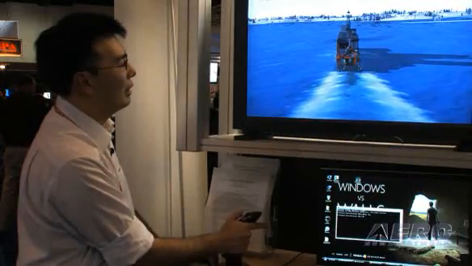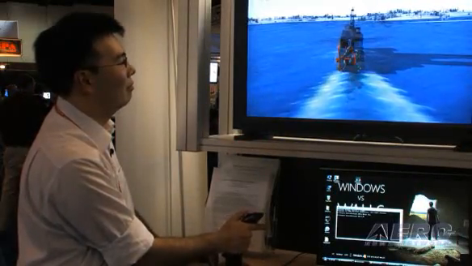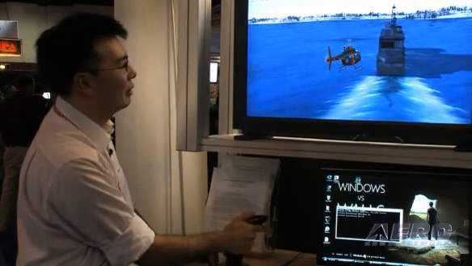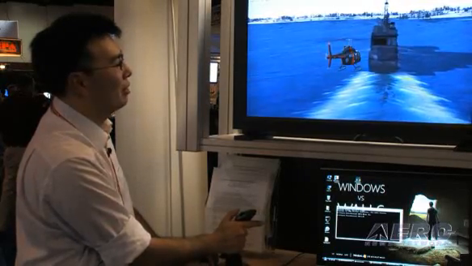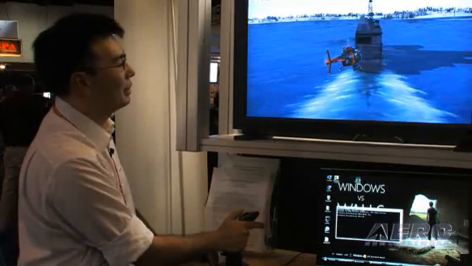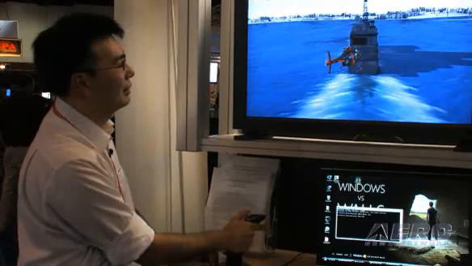I'm just trying to land on the back of the ship here, and the supercomputer is going to be throwing me around a little bit, which is going to make it a bit tricky to land.